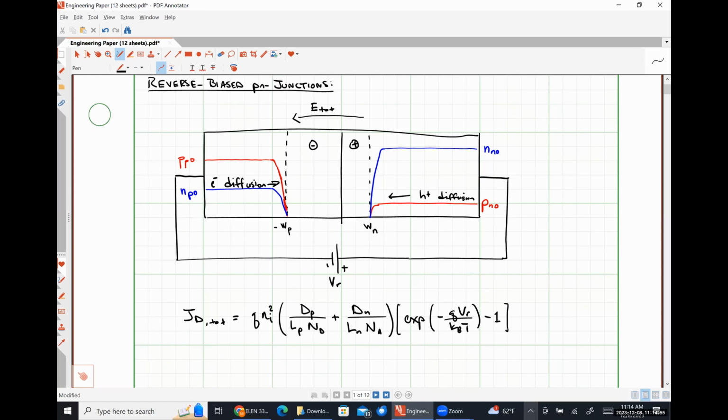One thing I do want to point out here is that we are assuming that V_R is a positive quantity.